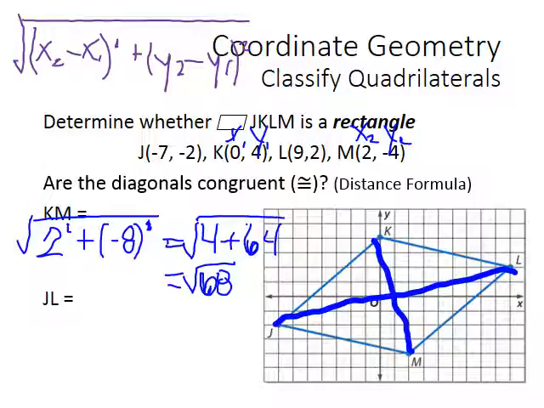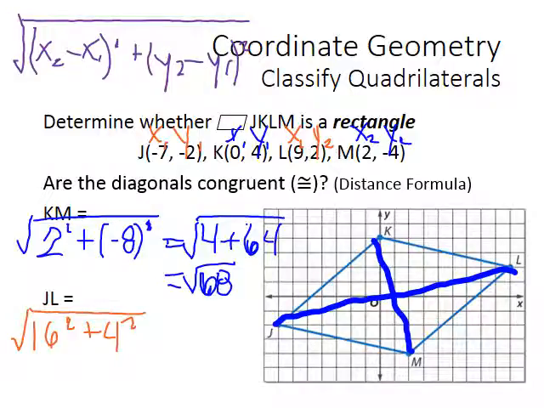All right, now let's find the length of JL, x1, y1, x2, y2. Plug into the distance formula. x2 minus x1 is 9 minus negative 7. So again, that's adding the positive, and that's 16 squared plus 2 minus a negative 2, or 2 plus 2, which is 4 squared.